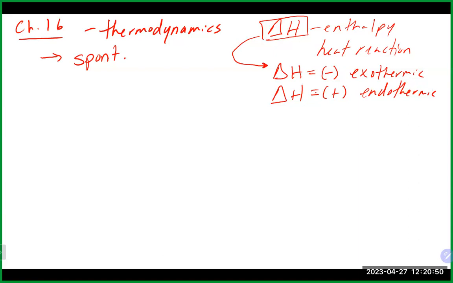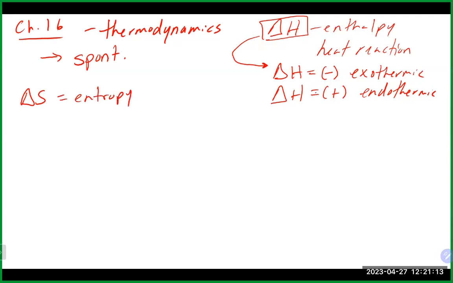So although delta H does play a role sometimes, and a reaction being exothermic does help in a reaction being spontaneous, it is not really the thing that we would look to determine whether or not a reaction is spontaneous.